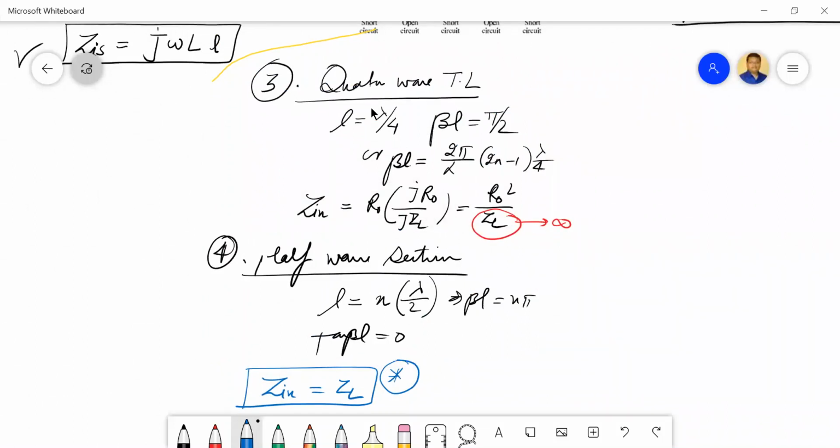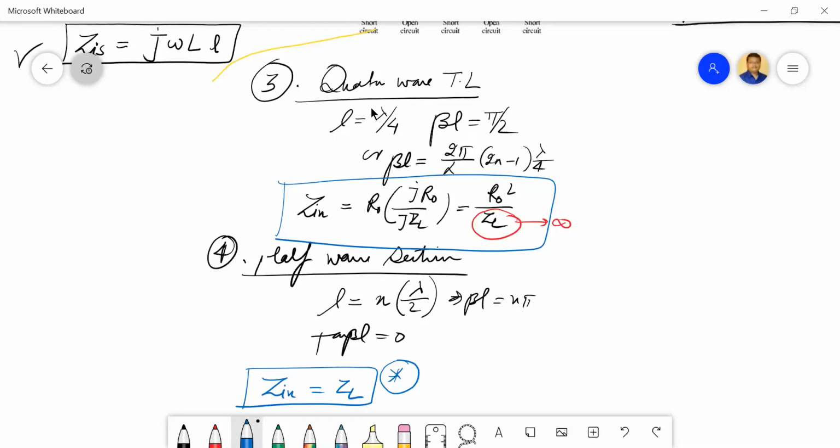The quarter wave transmission line, lambda by 4, has the formula we got from this derivation, R0 squared by ZL. It transfers the impedance realized at the load side to the input side. If you have an open circuited load, the input side will provide a short circuit. In this way you can transfer your impedance.